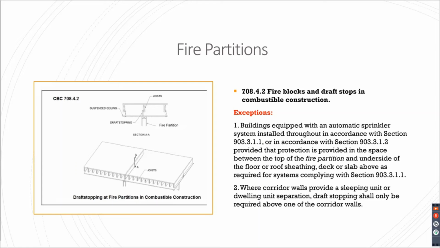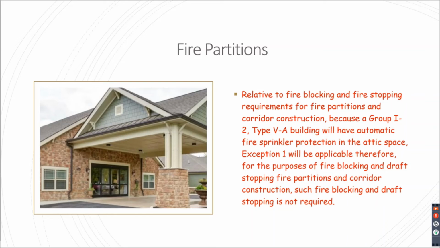And then talking about where the corridor walls are provided for sleeping units or dwelling units. We don't do that one very much, but the first one definitely. So the first one is you don't need the draft stopping necessarily in the I-2 5As, but you've got these other requirements that have to be in place, like the sprinklers.